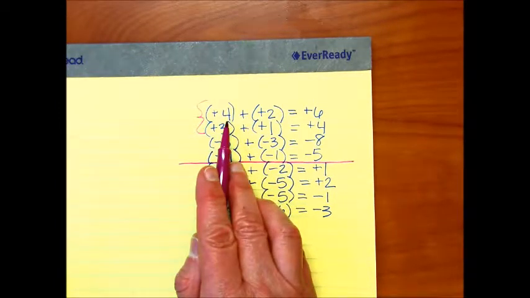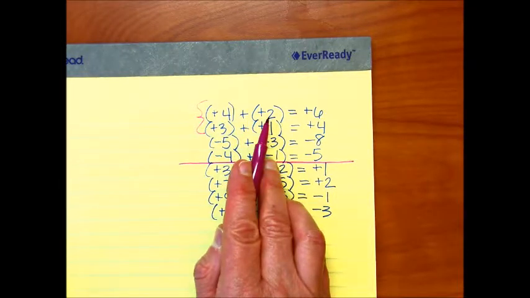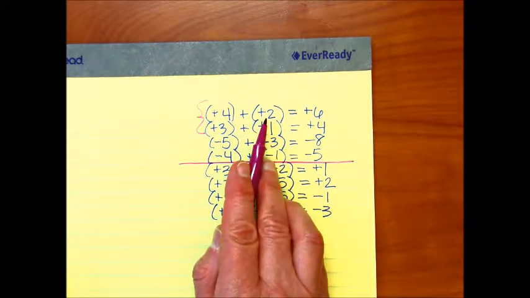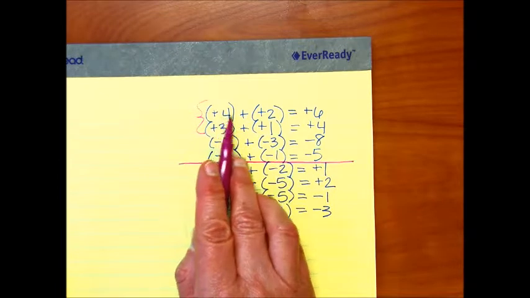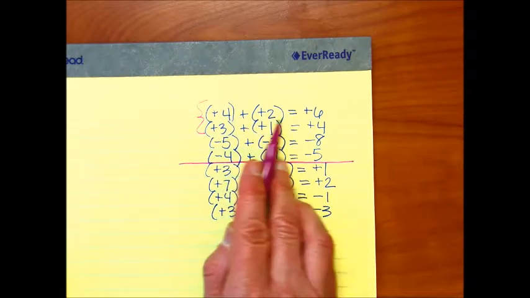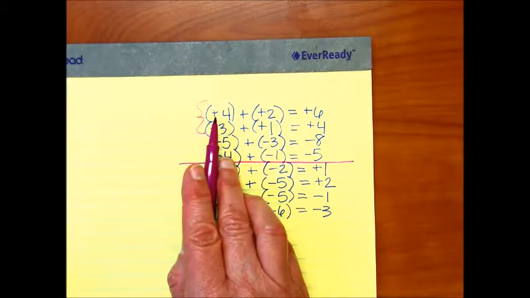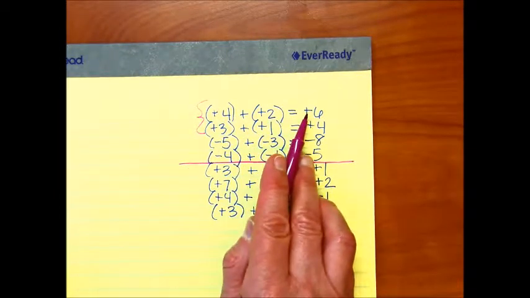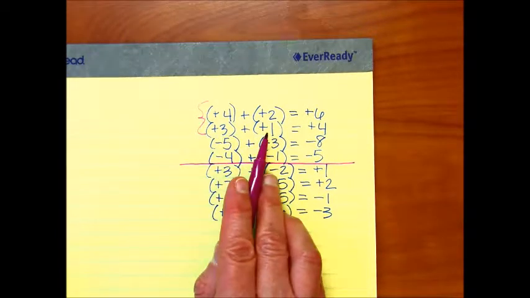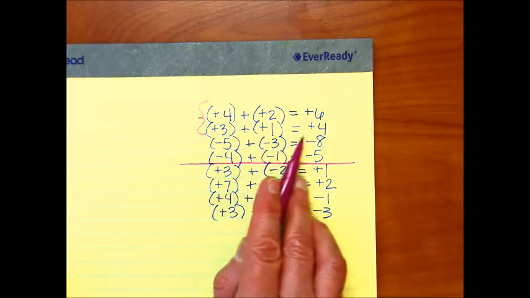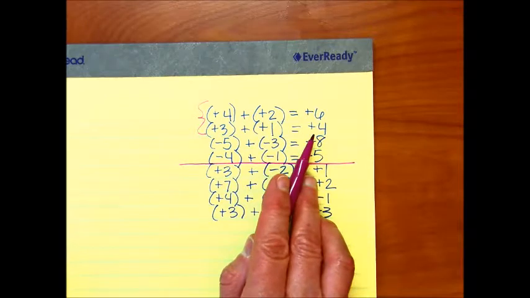Notice when I add two of the same positive signs, I add the two numbers and then the sign is the same as my positive numbers. So 4 plus 2 is 6, and because both the numbers that I'm adding together are positive, my answer is also positive. This is true for the 3 plus 1. 3 plus 1 is 4, positive, positive, positive.